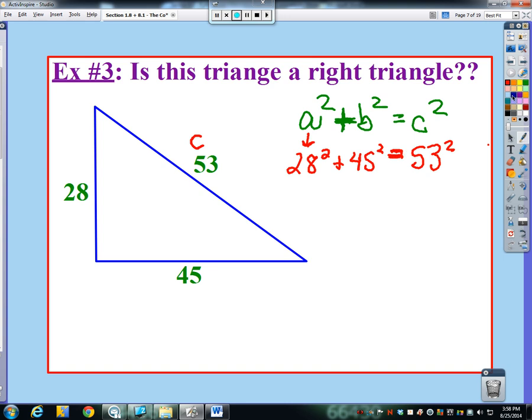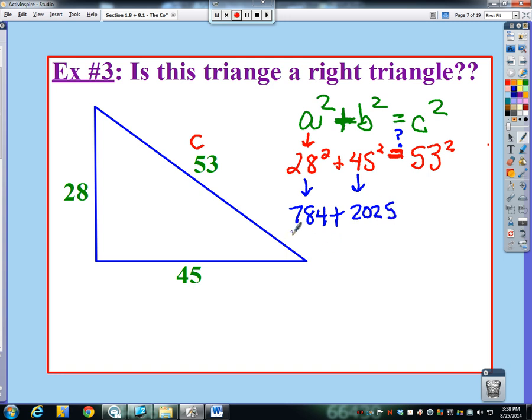So now I need to see, is this really a true statement? Well, let's see. 28 squared. Oh boy, we're getting some big numbers here. Let's break out the calculator. 28 squared, 784. 45 squared. Jeez, oh Pete. 2025.